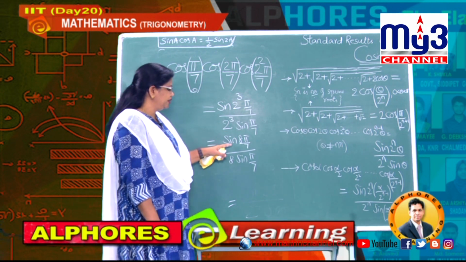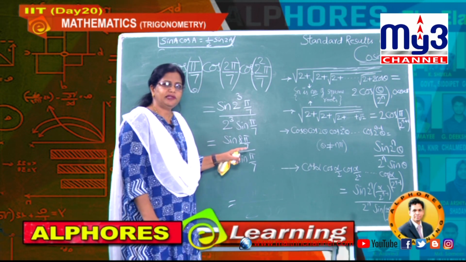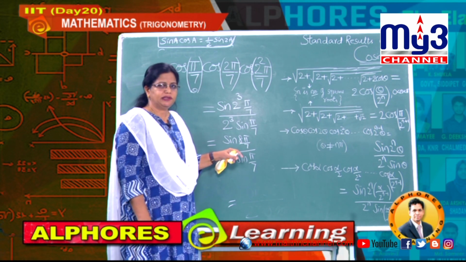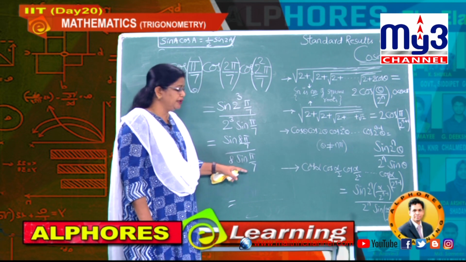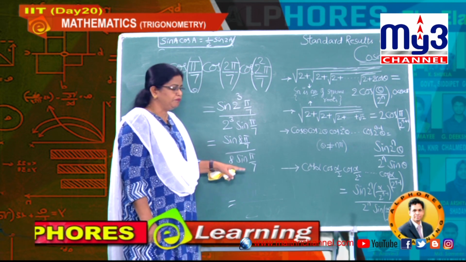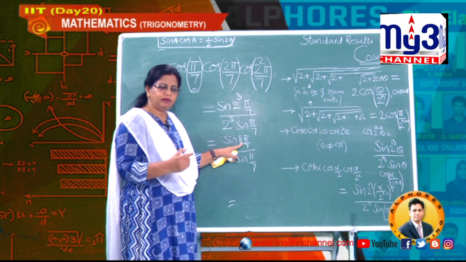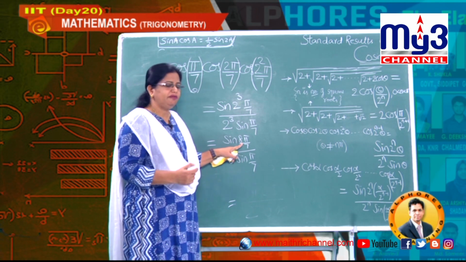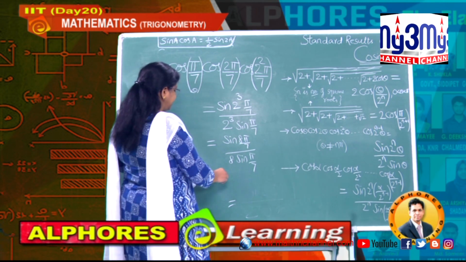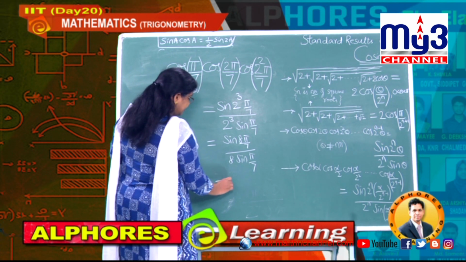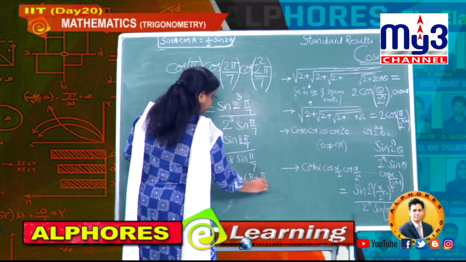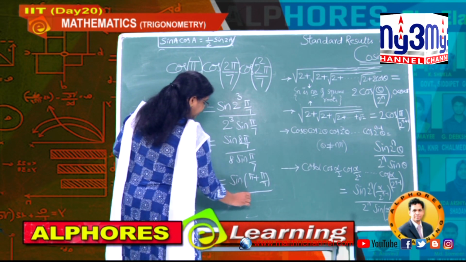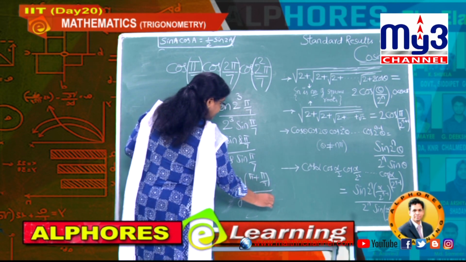For the simplification, you observe, again you have to make use of the allied angle concept. Students, what is the allied angle concept? How can you make use of it here? Pi by 7 is there, 8 by 7 is nothing but 1 plus 1 by 7. Therefore, if I write this value as sine of pi plus pi by 7 divided by the denominator, 8 times sine pi by 7.